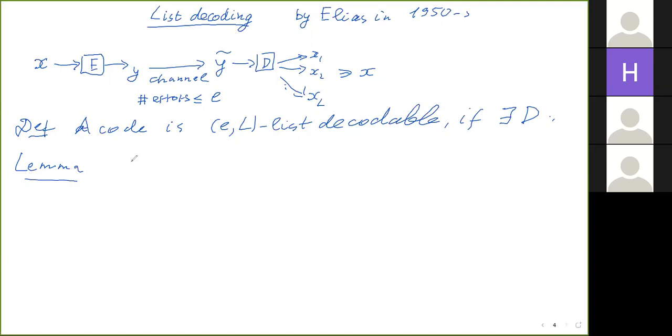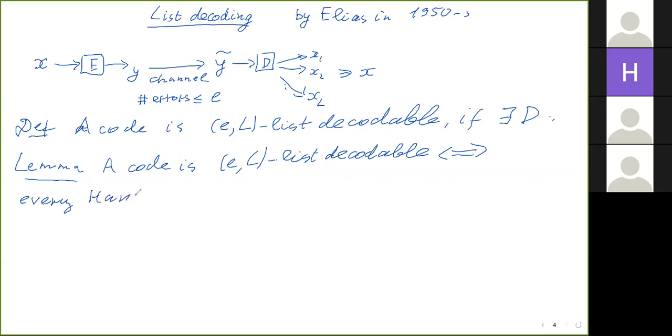So the lemma states that a code is E, L list decodable if and only if every Hamming ball of radius, sorry, E has at most L code words.